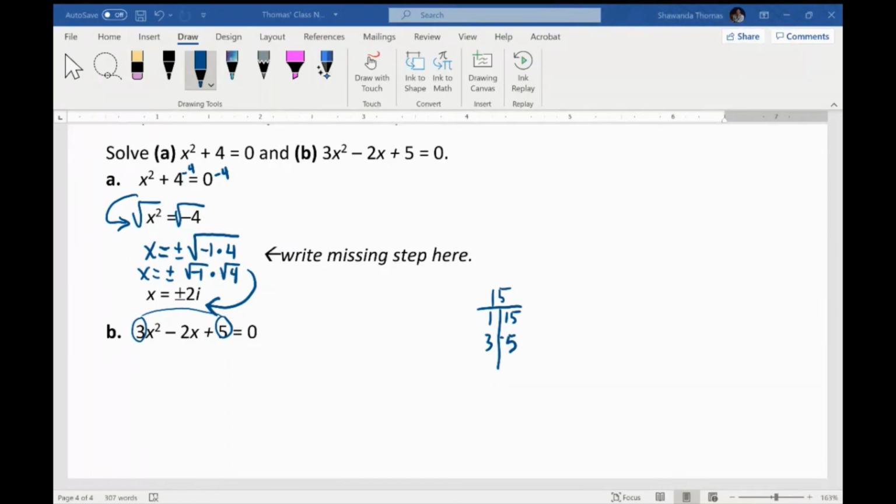The -5 and +3 aren't going to equal a +5. If you multiply them, and when you add them, it's not going to give us a positive 5.